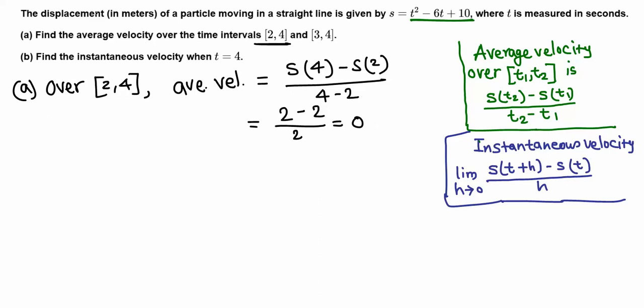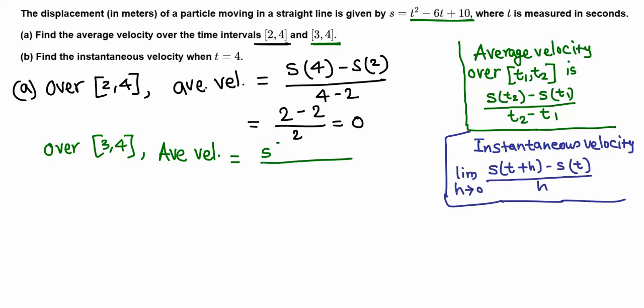And we need to find the average velocity over 3, 4. So let me write here, over 3, 4, the average velocity is given by same formula. The displacement at 4, s4 minus s3, divided by 4 minus 3.